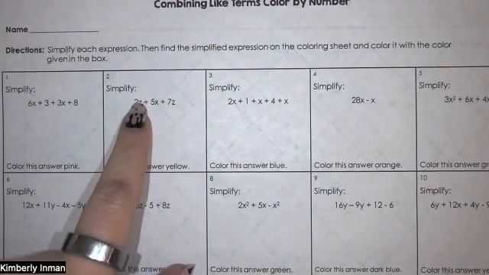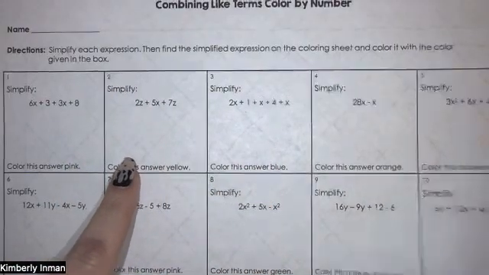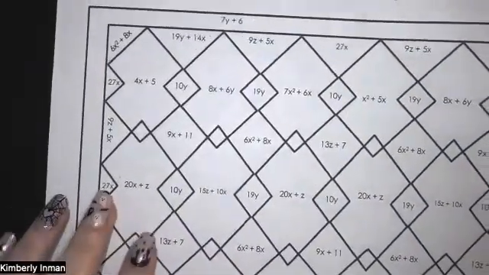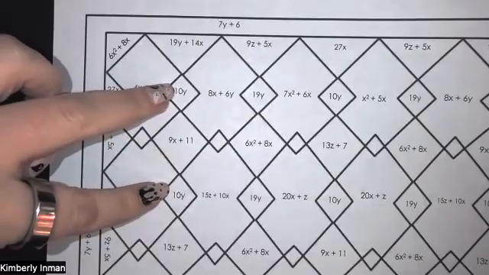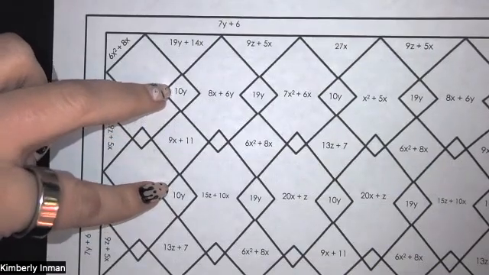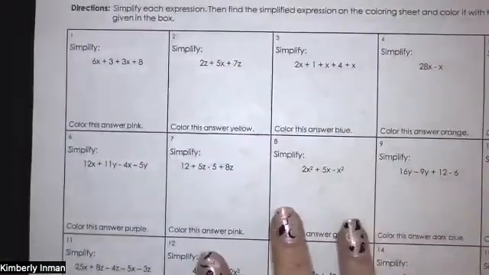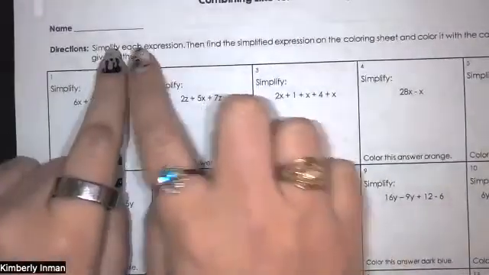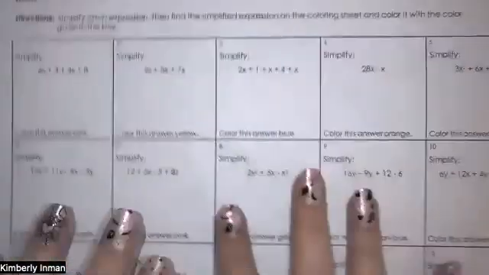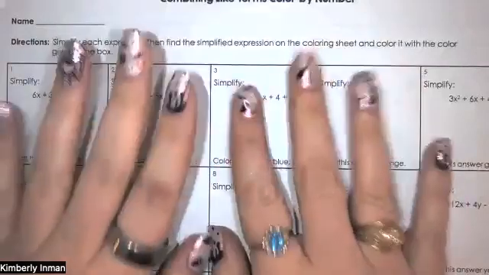Then you will find that simplified answer on the back and color it in. Now notice that there's multiple places with the same answer. You'll color all of those in whatever color it says back here. So I will give more instructions later, but basically follow the directions on the top. As long as you are in class, you will be doing it on paper.